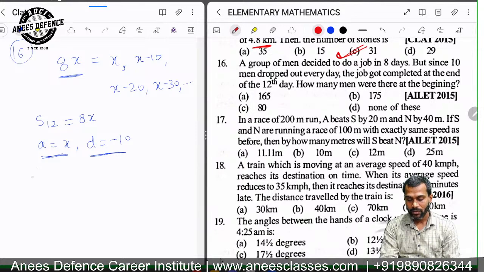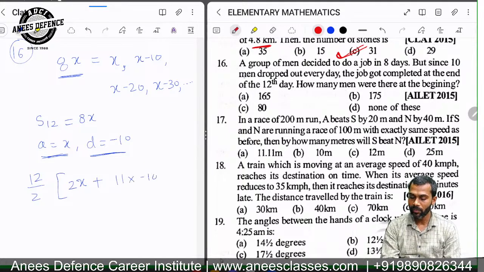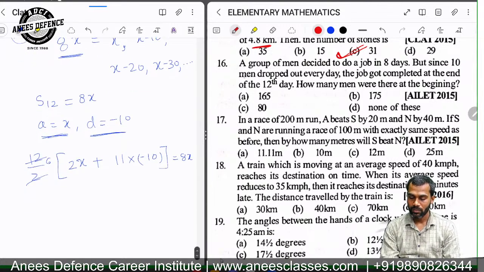What is Sn? 12 by 2 into first term. What is the first term? x. So 2x plus n minus 1, which is 11, into d, which is minus 10, and that is equal to 8x. So 6 into 2x minus 110 is equal to 8x.